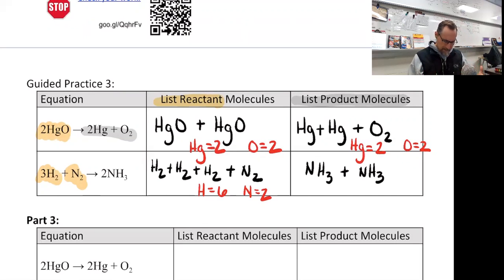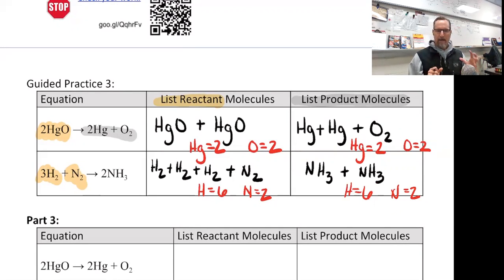So to do that second step, if I count those atoms, my hydrogens are still 6, and my nitrogens are still 2. They've just rearranged themselves into different molecules, and that's how I know it's a chemical reaction, is those atoms have rearranged themselves. And so that then is bringing all of this together.